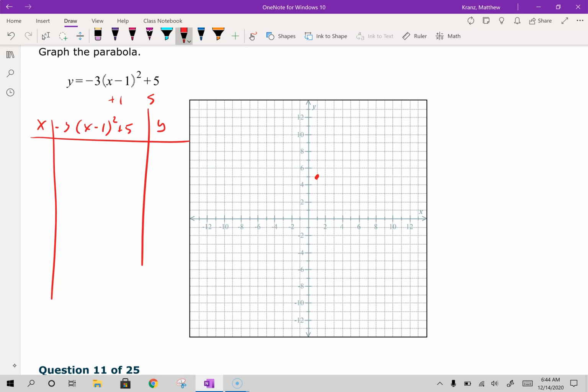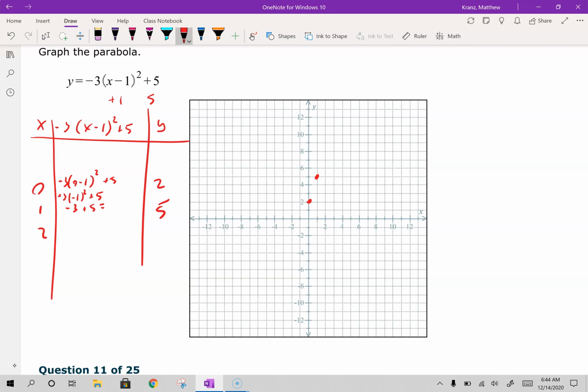Right, so if I am at 1, 5, I'm going to go 0, and I'm going to go 2. Well, negative 3 times 0 minus 1 squared, that's a negative 1 squared. So negative 3 times 1, which is negative 3 plus 5, which is going to be 2. So it'll be 0, 2.